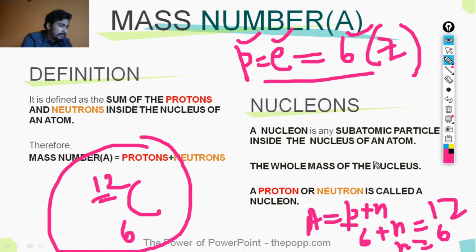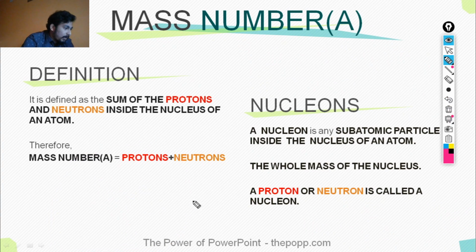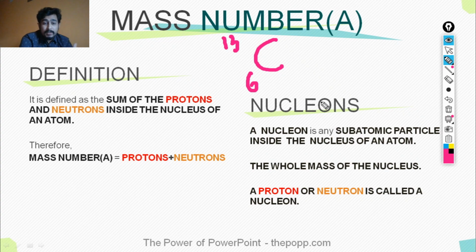It is easy, right? Let's solve another example. Let me take another isotope of carbon, 6C13. Isotopes are the species which have the same atomic number but different mass number. We are about to study this.